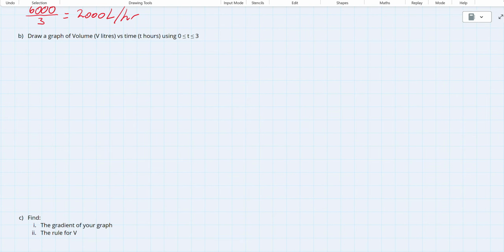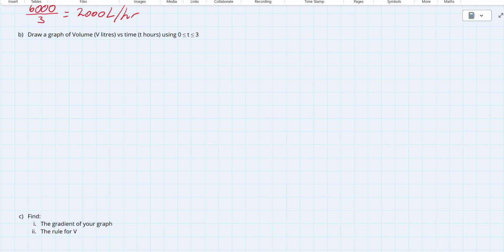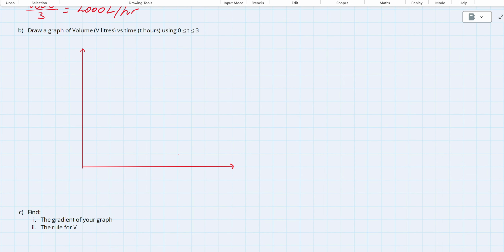So then our axes: we've got axes for our graph, and our volume in litres is our y-axis, and time in hours is our x-axis, starting at 0, and then we're going to go up to 3 hours.